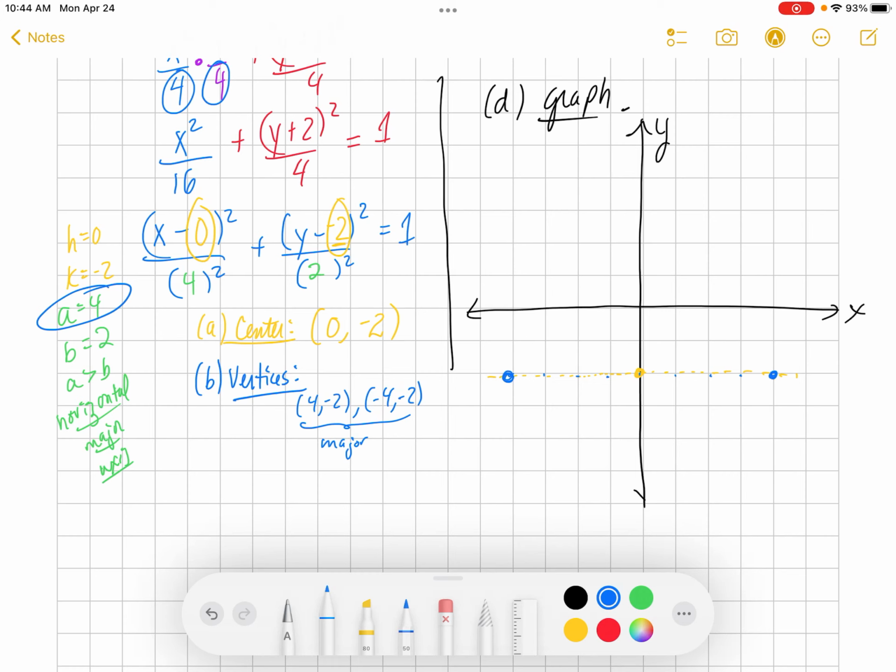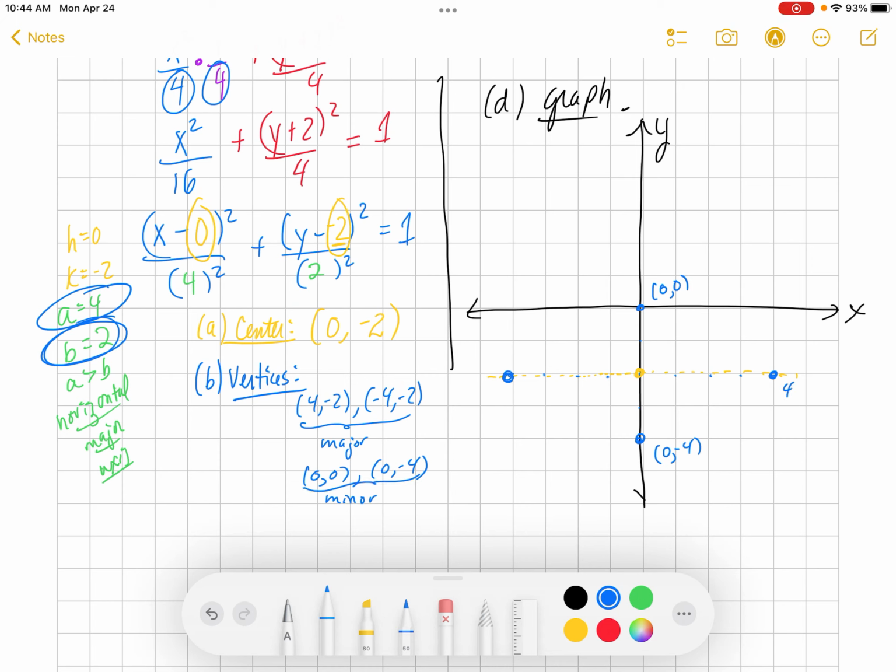Now, let's find our northern and southern vertices. Going back to the center, 0, negative 2, we're going to go up 2, where did I get that? I use my b value. And then back to the center, down 2. So we'd have a vertex at 0, 0, and one at 0, comma, negative 4.